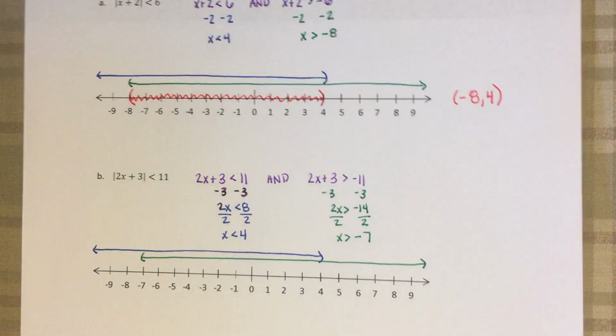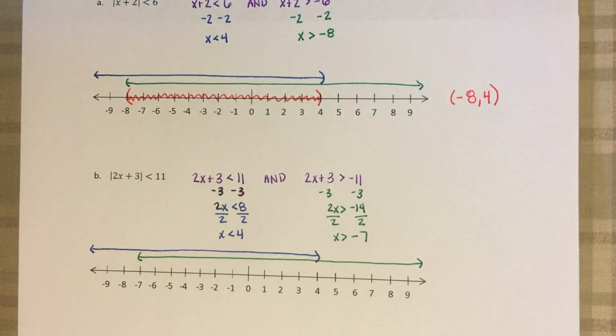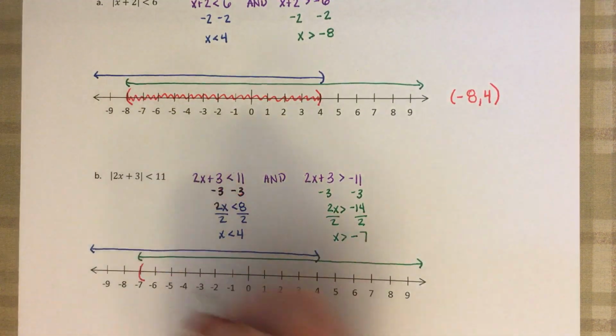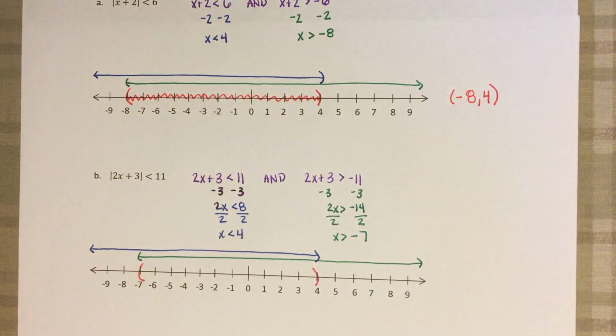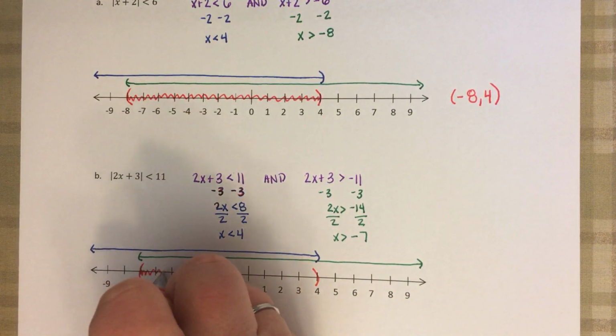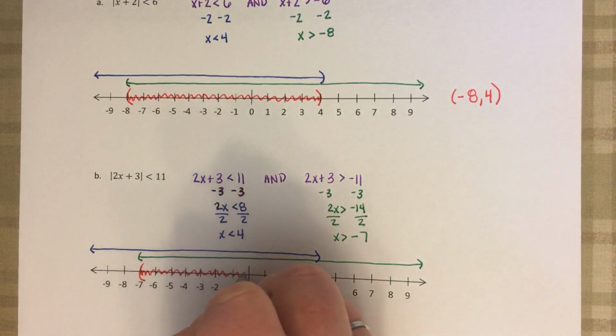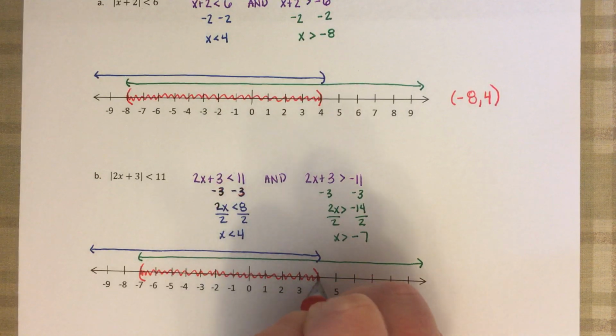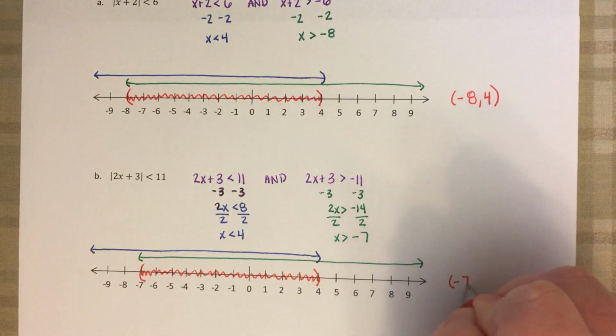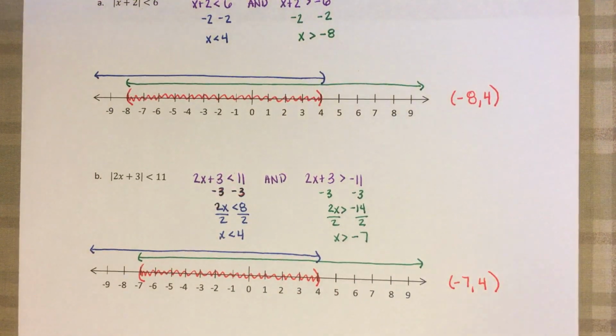So we start at negative 7 and we go to the right. And means where they overlap. They overlap from negative 7 to positive 4. So less than or less than or equal to means an and.